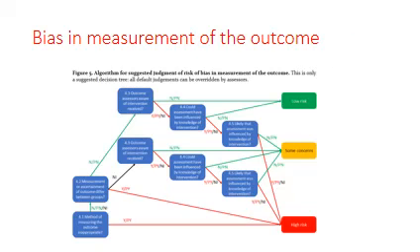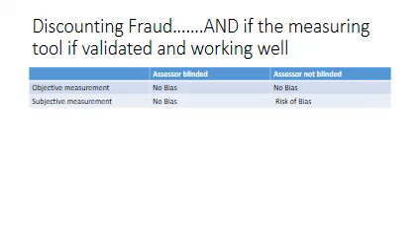Now here is bias in the measurement of the outcome, and this has another very complicated thing where you have to say whether it's likely or not likely and things like that. Now, discounting fraud, which is a different thing altogether: if the assessor is blinded and the measurement is objective, there is usually no bias. Even if it's subjective, there's no bias.